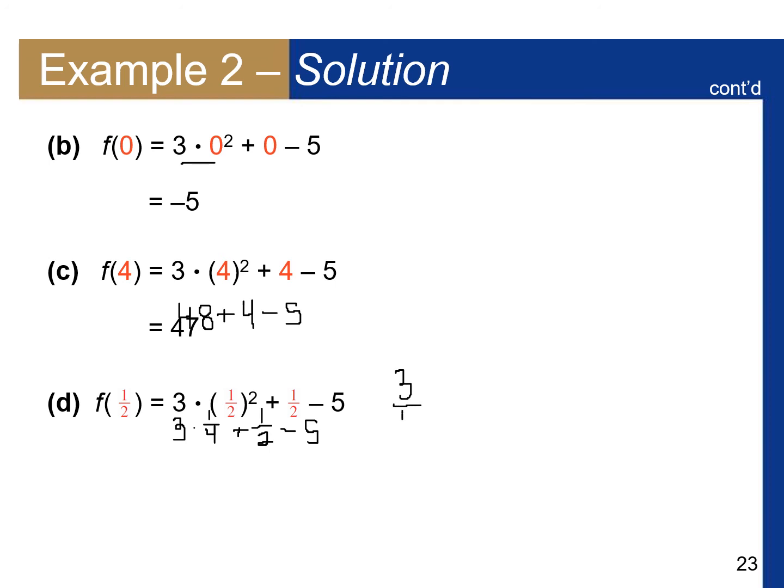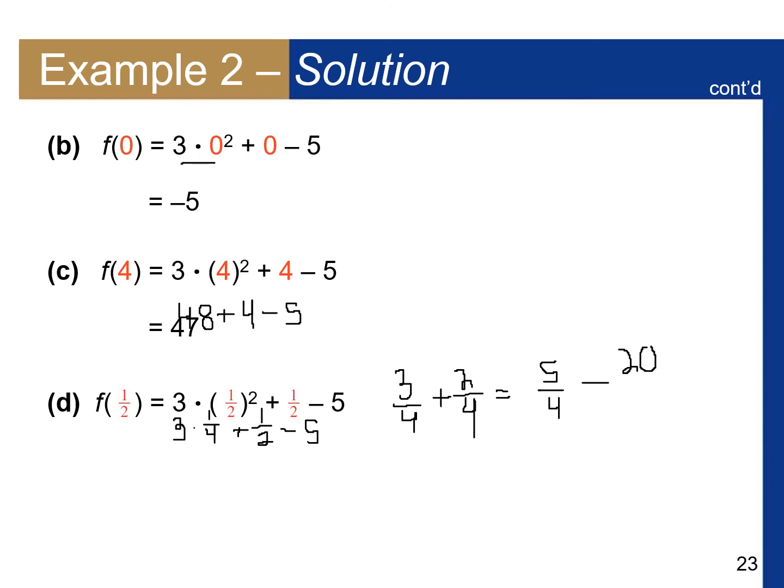So this will give me 3/4. And if I want to take a look at a common denominator, here I have 2/4. So that'll give me 5/4 for the first two. So I have 5/4 minus 5. Well, how do I write 5 with a denominator of 4? I would put 20 over 4.